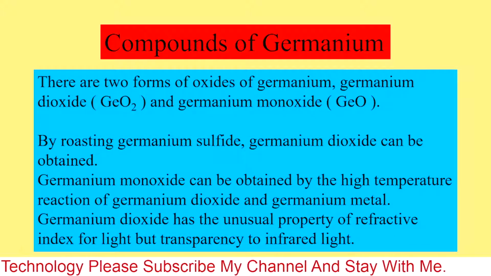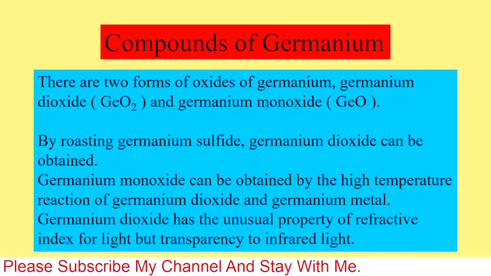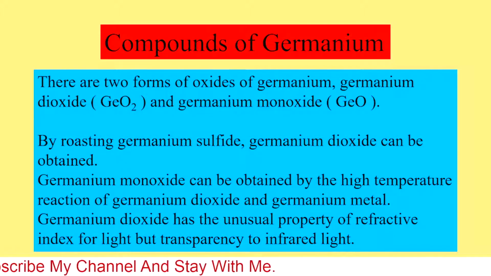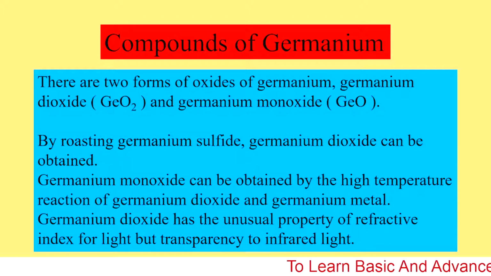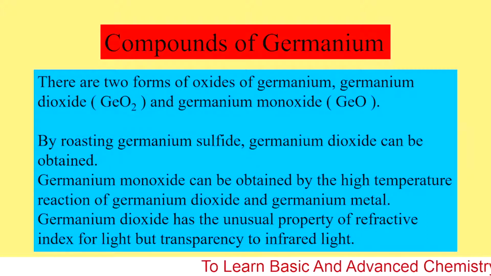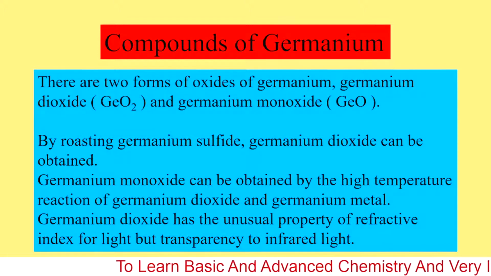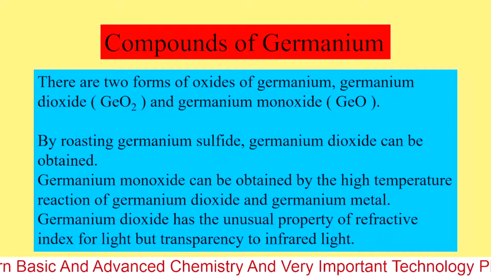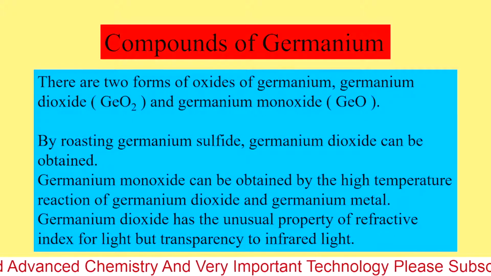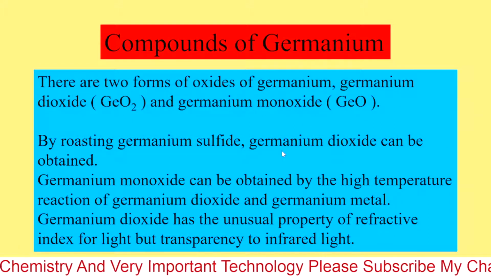If I ask you for any reaction with oxygen, or reaction with air, or roasting or combustion, everything is the same. So if you burn germanium sulfide in the air, you will get germanium dioxide.